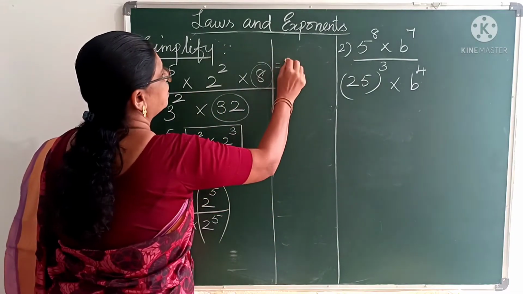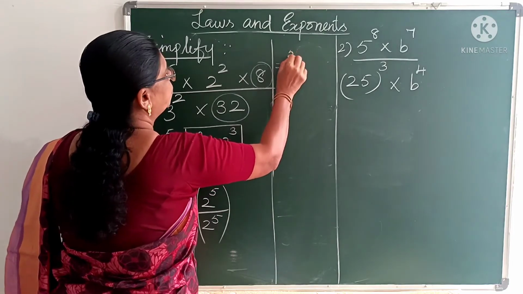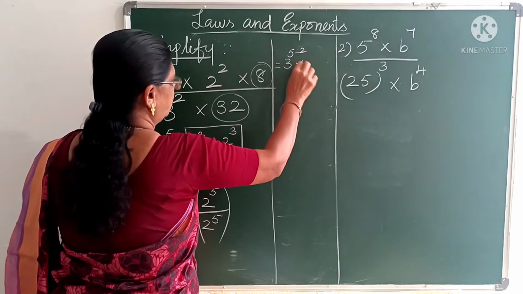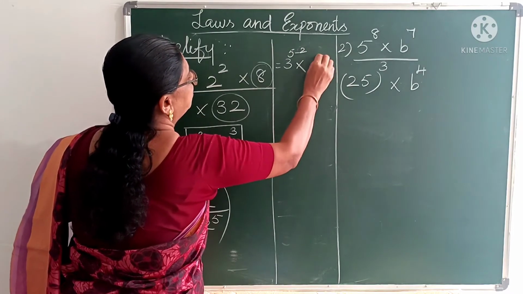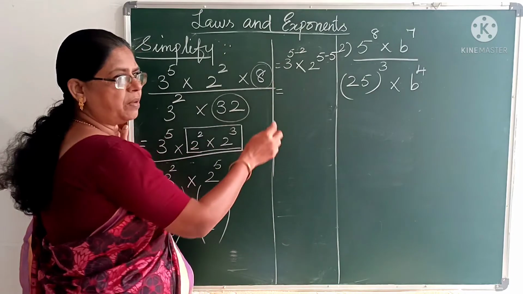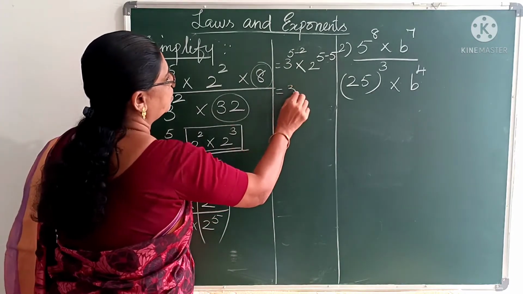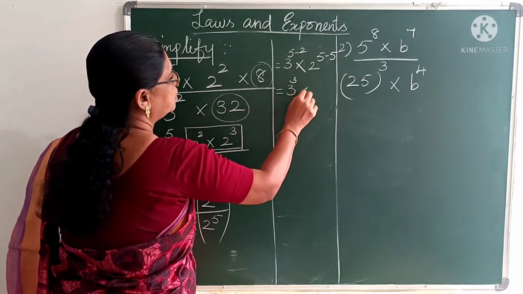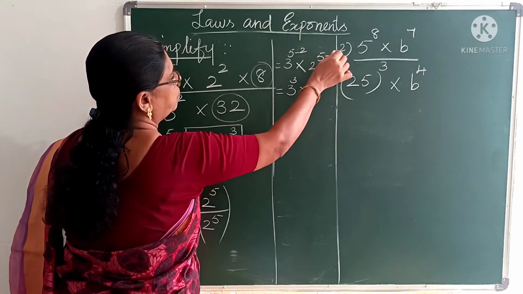It is 3 power 5 minus 2 into 2 power 5 minus 5. So what is 5 minus 2? It is 3. So 3 cube into 2 power 5 minus 5.